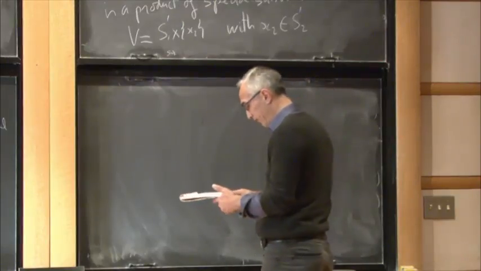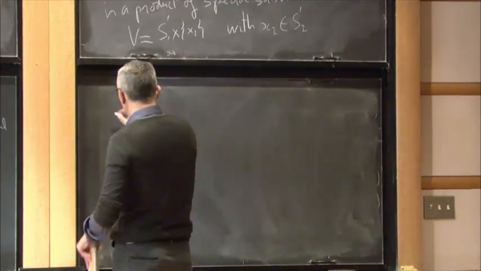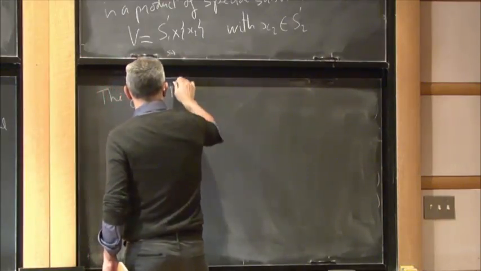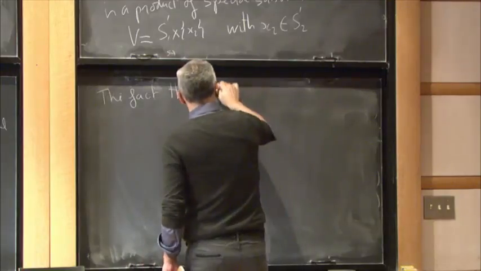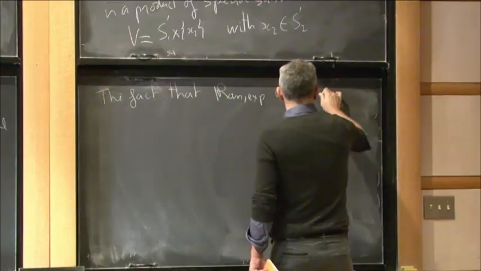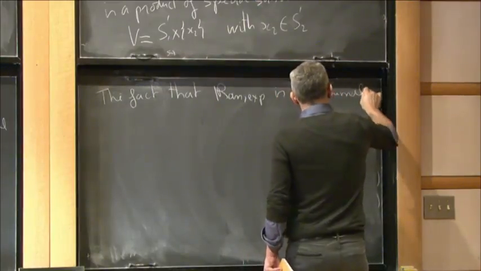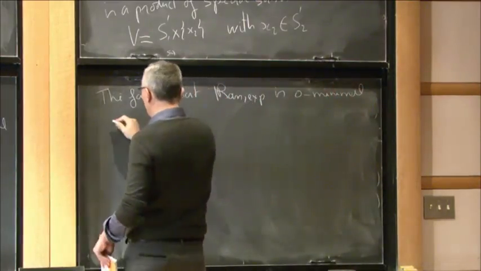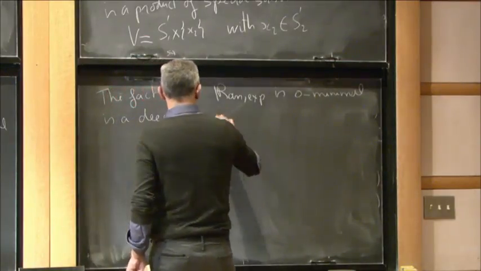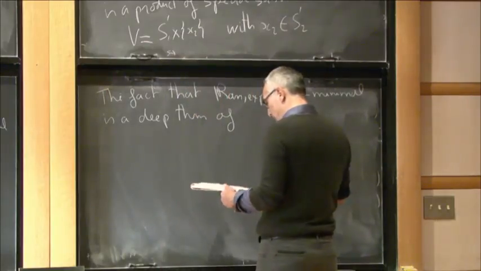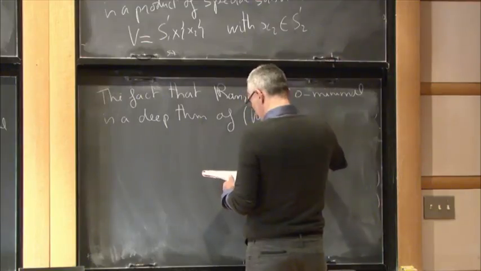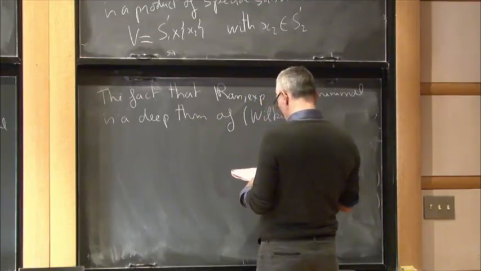The fact that R_an,exp is o-minimal is a deep theorem of, I would say, Wilkie and van den Dries-Miller.